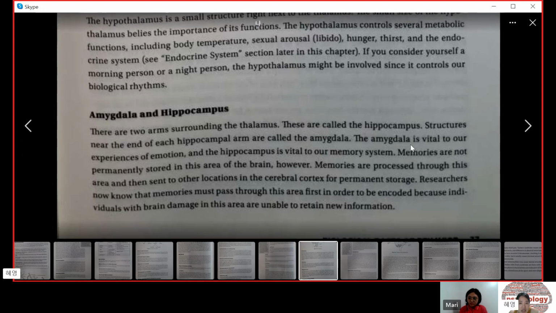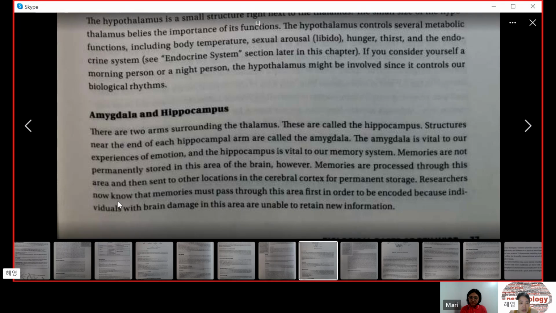The amygdala is vital to our experiences of emotion. And the hippocampus is vital to our memory system. Memories are not permanently stored in this area of the brain, however. Memories are processed through this area and then sent to other locations in the cerebral cortex for permanent storage.